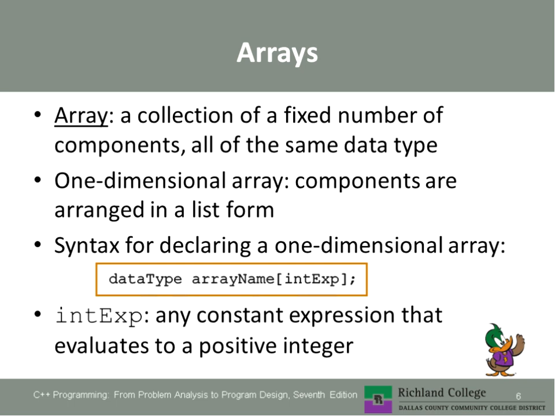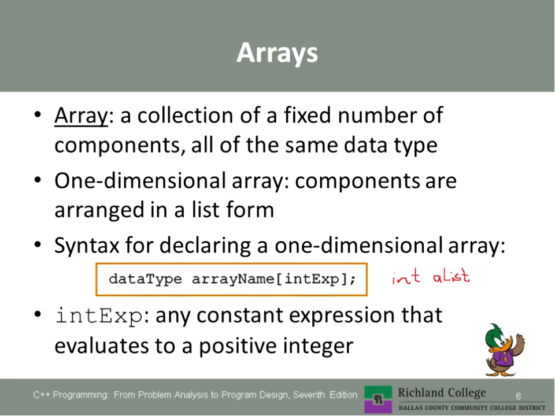And the syntax for declaring the one-dimensional array starts with your data type. Let's say it's an integer. And then the name is just an identifier, so we still follow camel casing, right? So let's say I call it a list. And we can call it anything, as long as it's not a keyword.